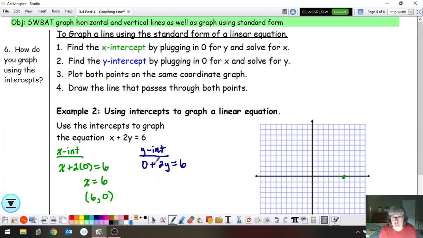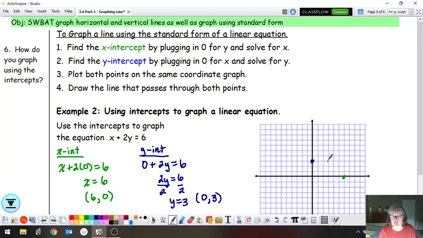Well, if I have 0 plus 2y equals 6, I'm really just needing to solve 2y equals 6. And to solve that, we divide each side by 2. y equals 3. So the ordered pair for my y-intercept is 0, 3. So I plot a point at 0, 3.